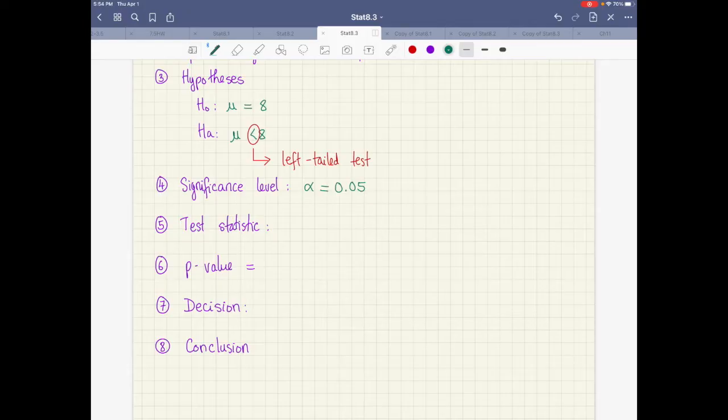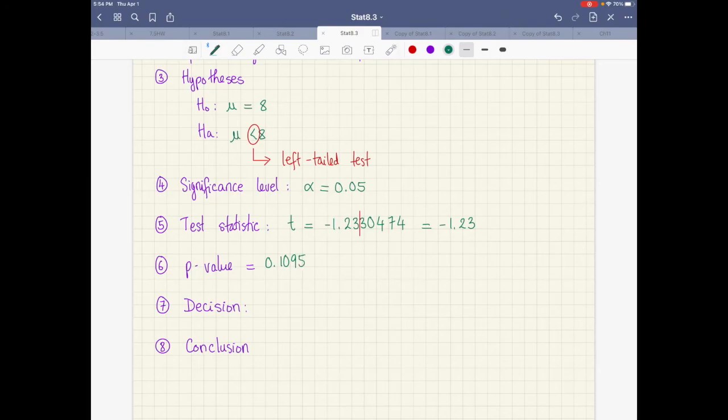For test statistic, I get t equals negative 1.2330474. And I will round it to 2 decimal places. So I get negative 1.23. For p-value, I get 0.1095.